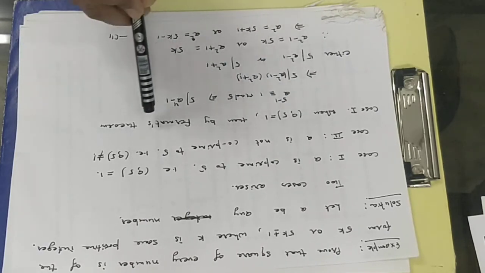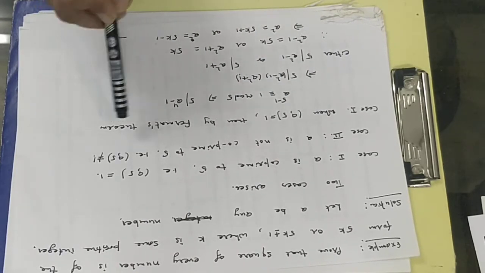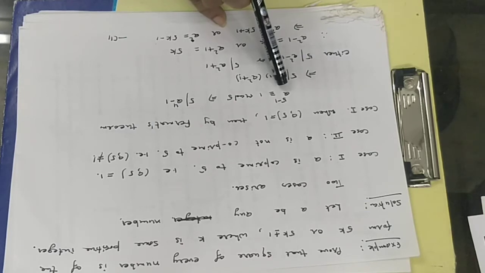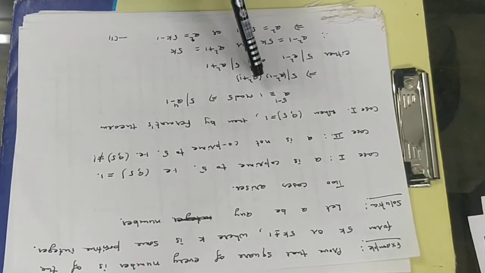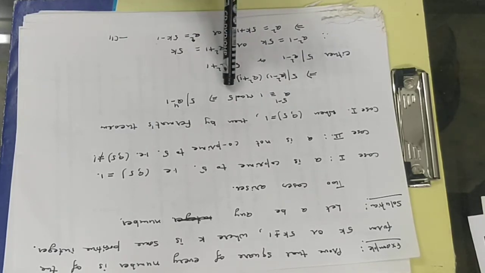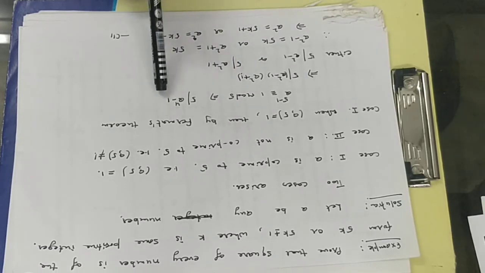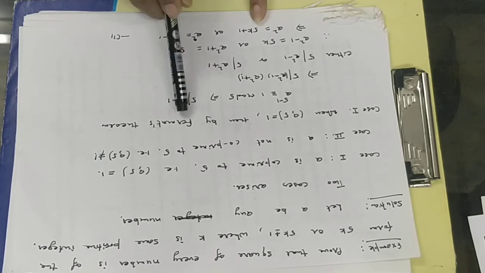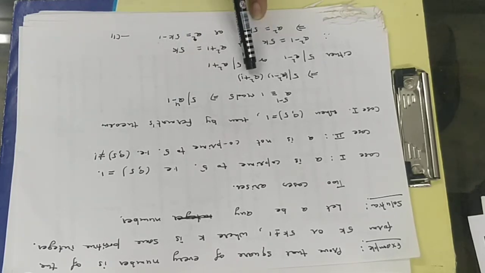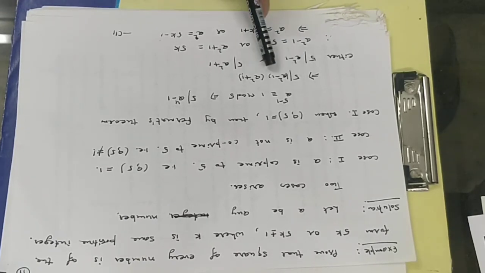Then we can use Fermat's theorem. That will be a to power 5 minus 1 is congruent to 1 modulo 5, and this implies 5 divides a to power 4 minus 1. Now this a to power 4 minus 1 can be factorized into a square minus 1 into a square plus 1. Therefore we can say 5 divides a square minus 1 into a square plus 1.